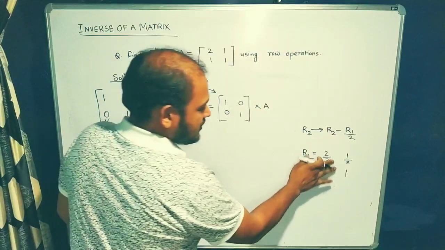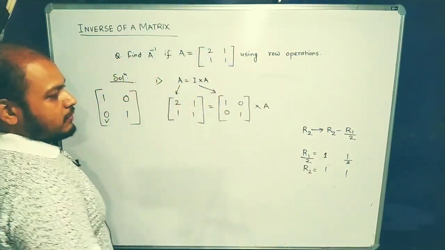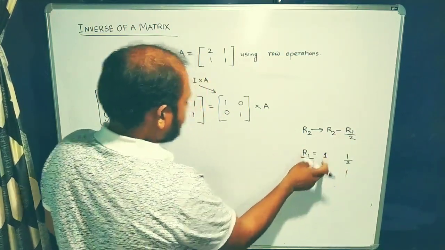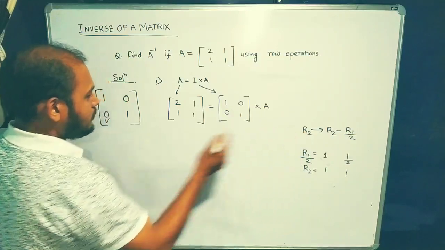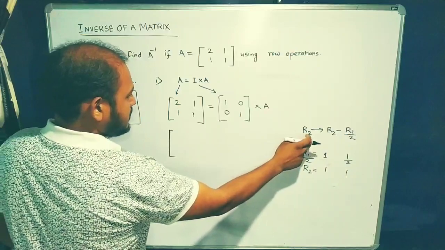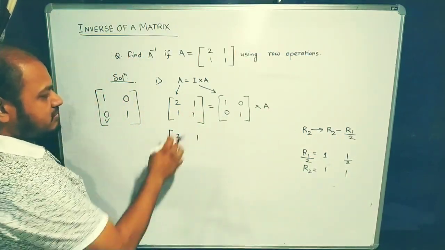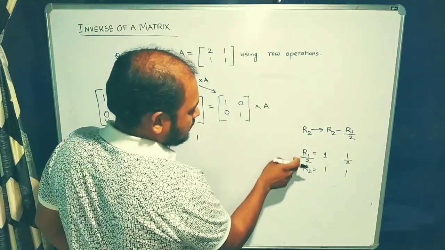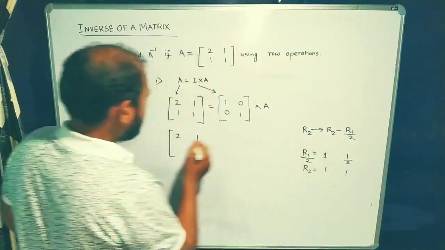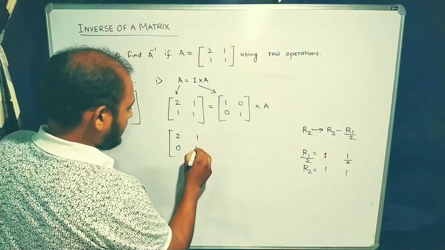Okay, 2 by 2 is nothing but 1. Now R2 minus R1 by 2 is 1 minus 1 is 0. So you have to put the value in the second row. First row remains the same since we are changing only the second row. First row will remain the same as 2 1. And in the second row we will have R2 minus R1 by 2 as we have said here. So R2 minus R1 by 2 is 1 minus 1 is 0. And then 1 minus half is half.